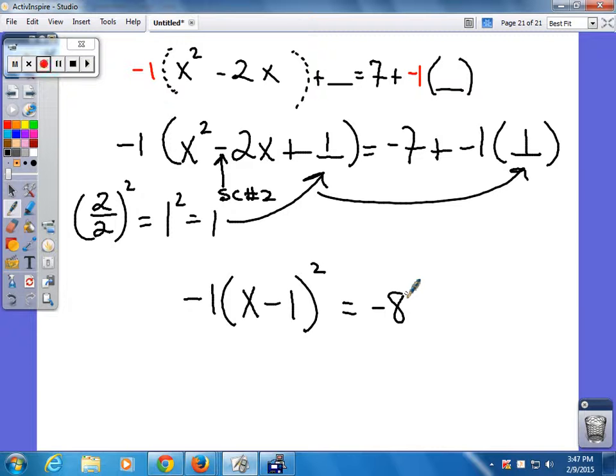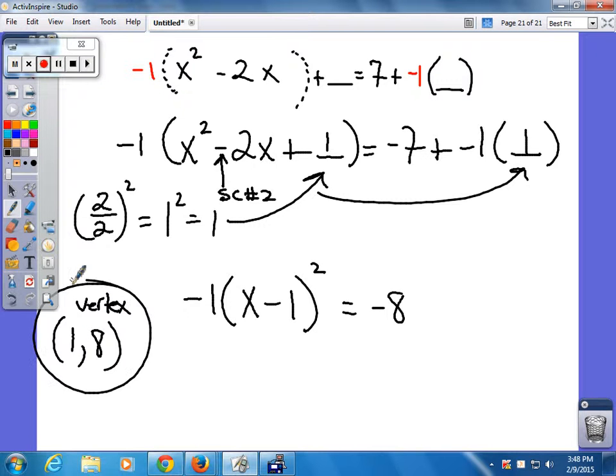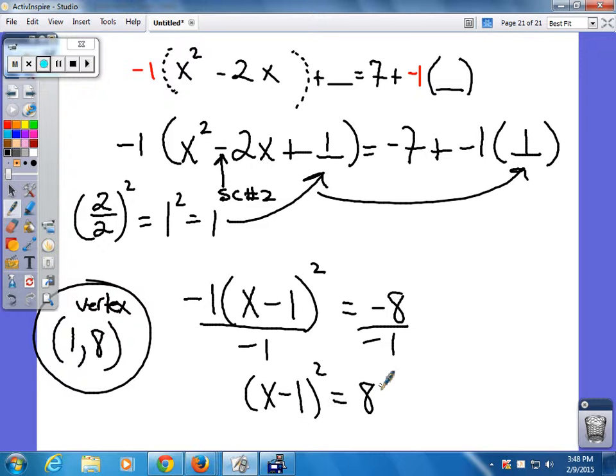What's our vertex? 1 and 8. Divide by -1 on both sides, and that's x minus 1 quantity squared is equal to 8. Take the square root of both sides. X minus 1 is equal to positive or negative what? 2.9.